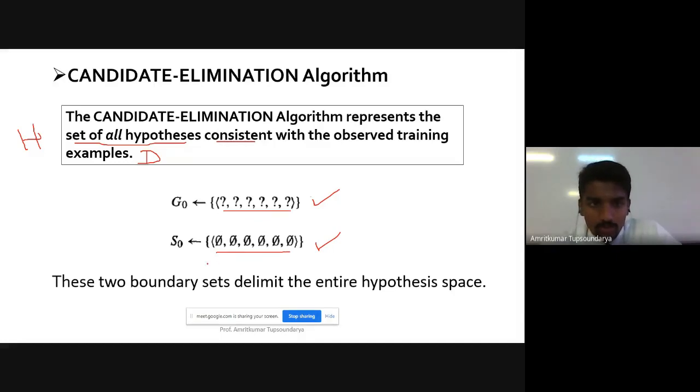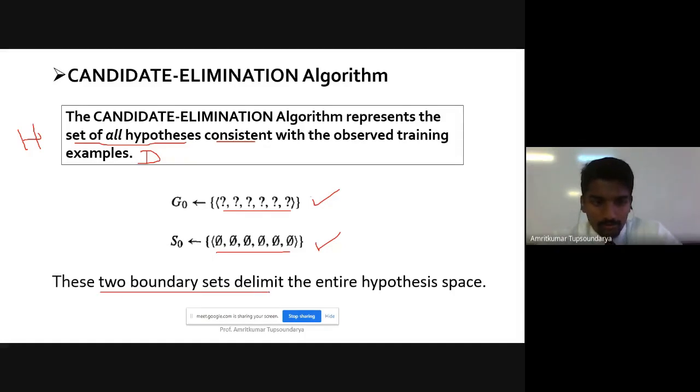So, what we have to do is travel from the most general to the most specific, we travel both sides inwards so that we have in between the set of hypotheses which are consistent with the training examples, and this in-between set will be our version space, right?